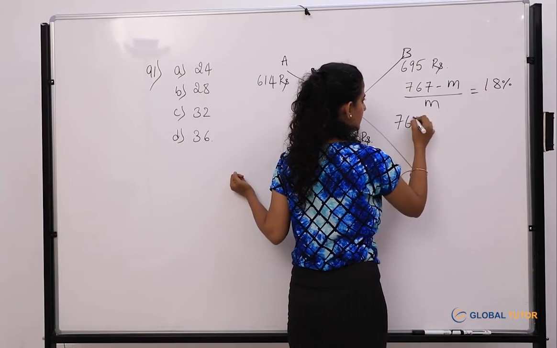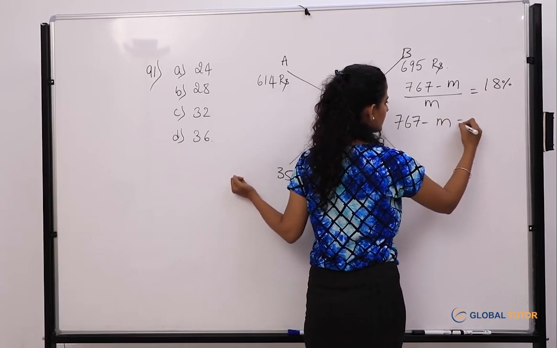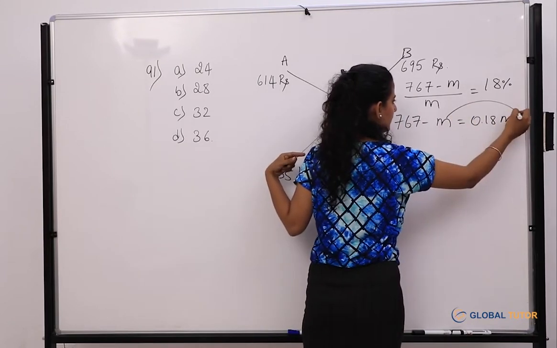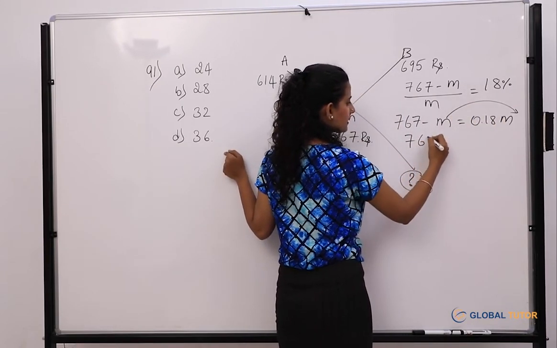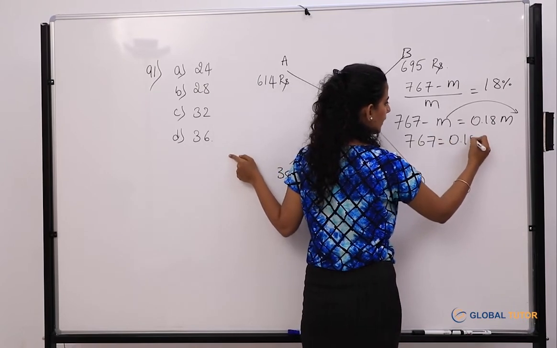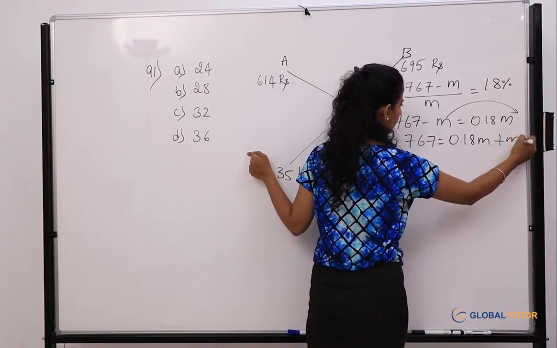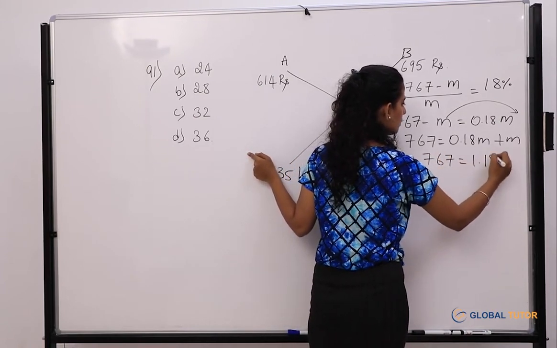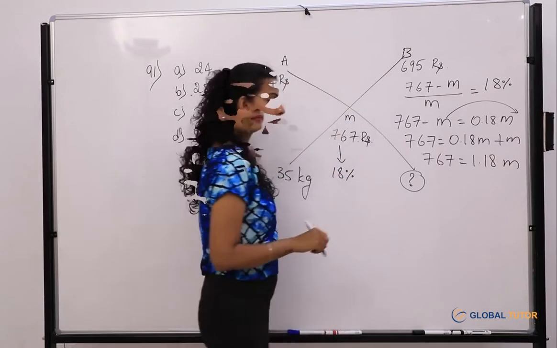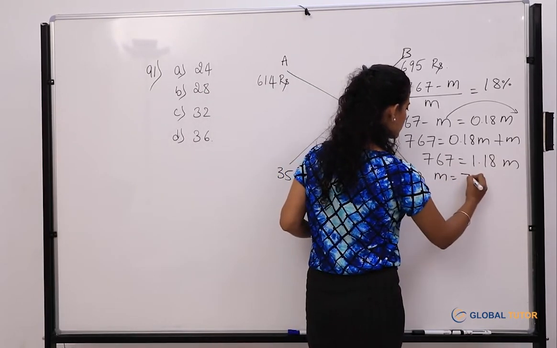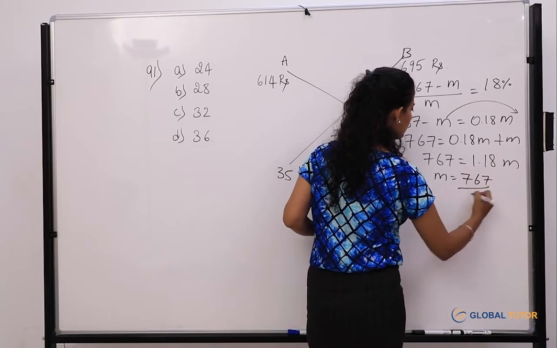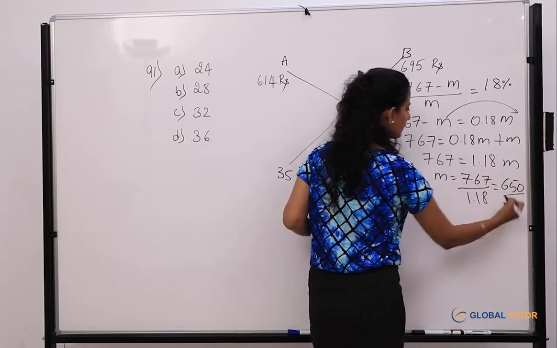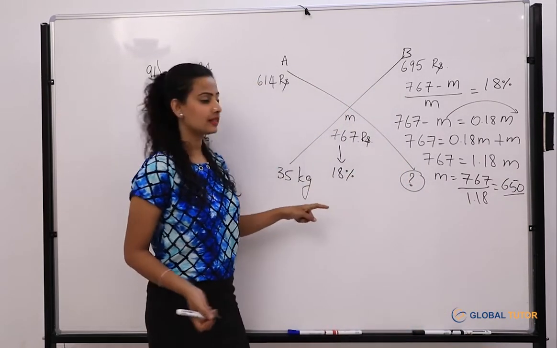So, this becomes 767 minus M is equal to 0.18 M, and we shall shift this M this side. So, this becomes 767 is equal to 0.18 M plus M. So, this is 767 is equal to 1.18 M. So, this is M is equal to 767 divided by 1.18, which is 650, right? So, the price of the mixture is 650.